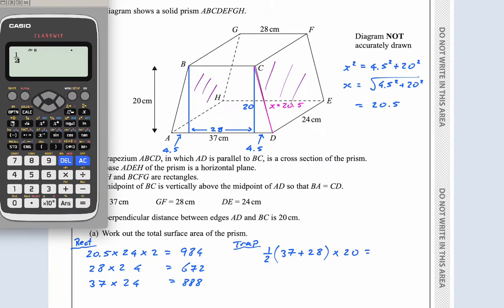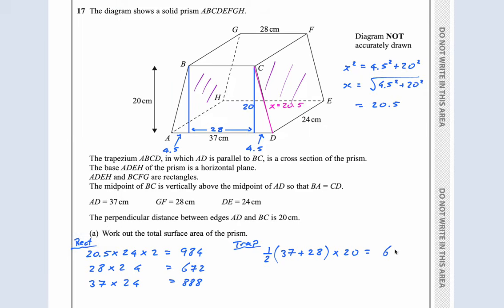So it's a half times 37 plus 28 times 20, which is 650. And there are two of these, one at the front and one at the back. 650 times 2 is 1300. Okay, guys, I really hope I haven't made a mistake here.